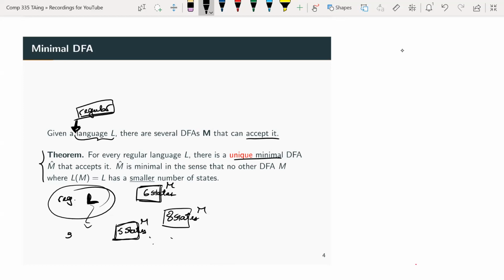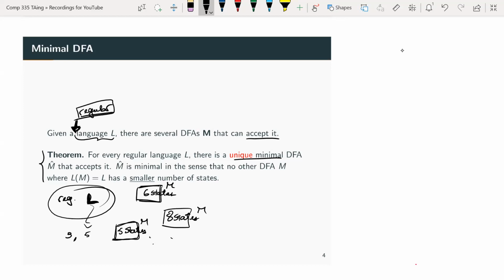Or for another language, it could be 5 because the language is slightly more complex. Okay, so it all depends on the regular language. Depending on the regular language, that tells you what the minimal number of states required will be for a DFA to accept that language.